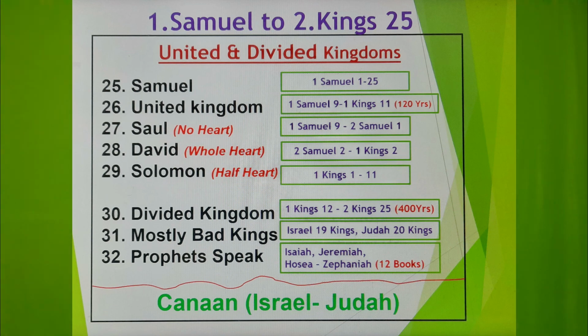But for the north, the total 19 kings were idol worshippers, because the son of Nebat, Jeroboam, started idol worship in different places. In Bethel and Dan, such places, he put the calf and started telling people, "You don't need to go to Jerusalem, the temple of the Lord. I am arranging all worship service, everything here.